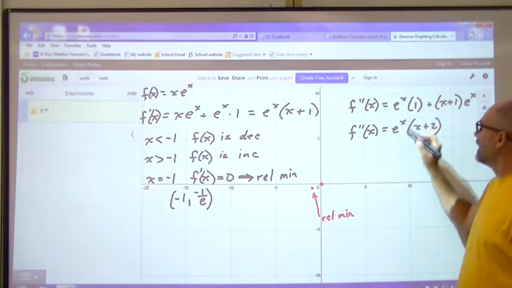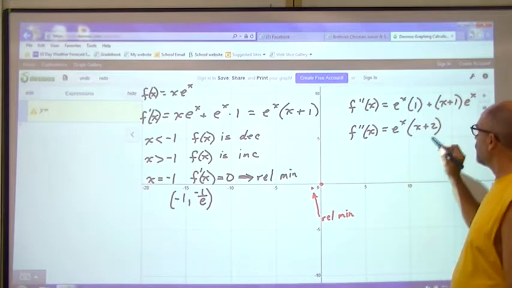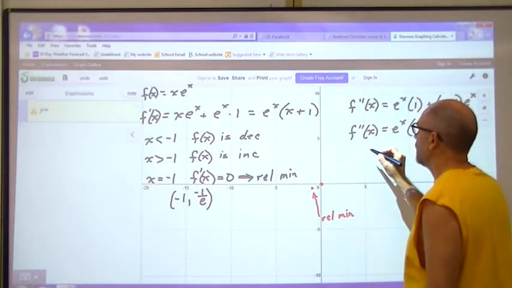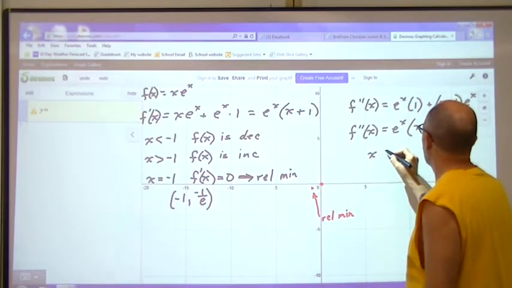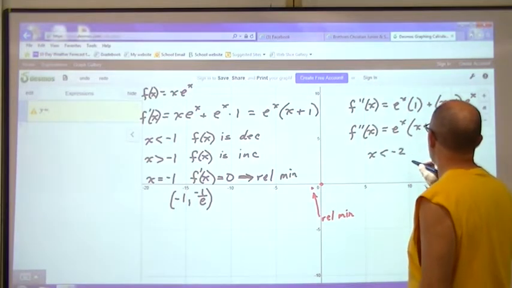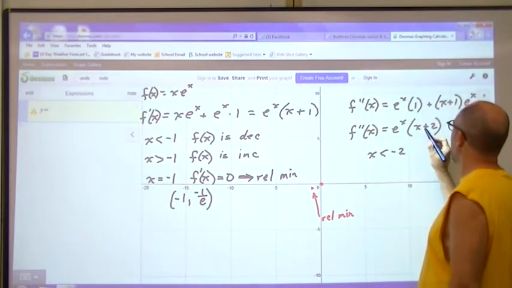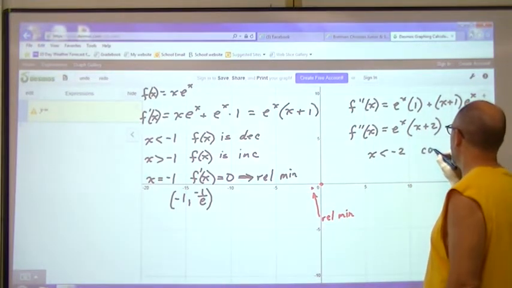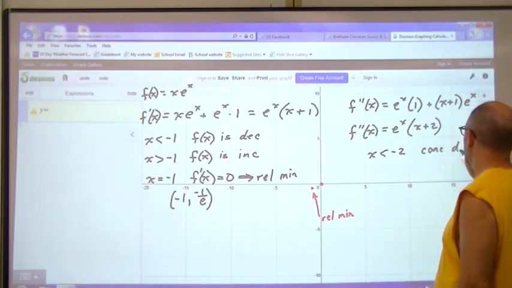Now, once again, e to the x is always positive. So that means at x less than negative 2, we've got a negative second derivative. What's that mean? That means it's concave down.